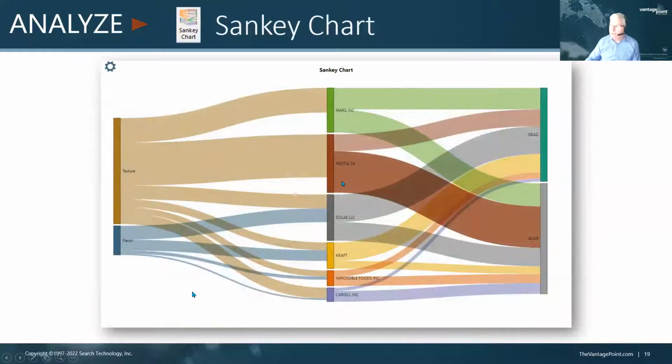Here's Sankey. Sankey is something that's quite popular, and we thought, okay, why don't we not only allow the users to build Sankey, but Sankey off of any field within your data, as well as the ability to add up to 5 fields within the data. So I've picked, I believe, the classifications that I identified when I auto-classified, texture, flavor, how they flow into certain key assignees within the data.